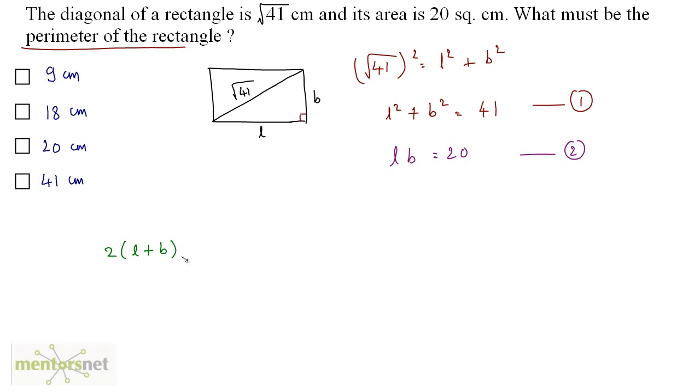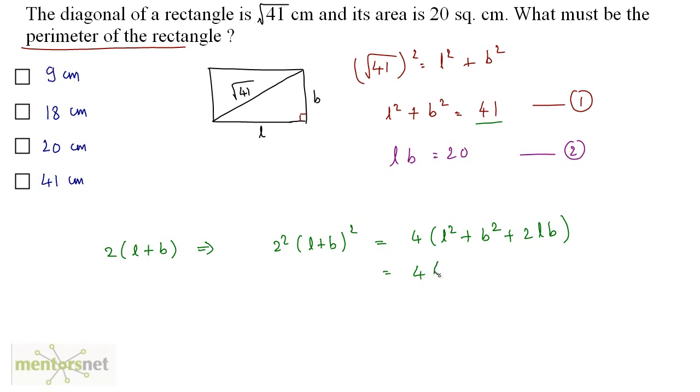Now if I square this perimeter, I get 2 square into L plus B whole square, right? And that is 4 times L square plus B square plus twice of LB, right? Now L square plus B square is the value from equation 1 we know is 41.